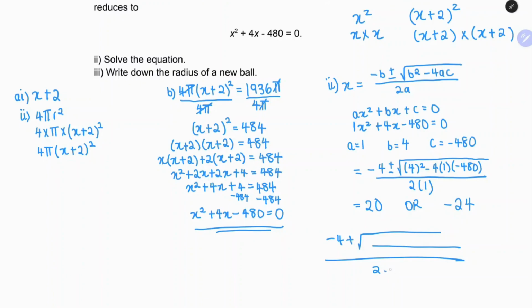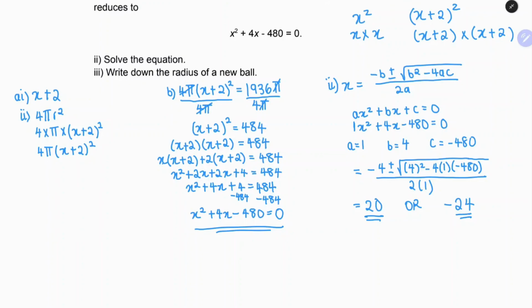The second time you put in minus. So the two answers that you get here are 20 and negative 24. They're not in any decimal form, so we don't need to do anything fancy to it. We'll just leave it like this and move on to the next question.